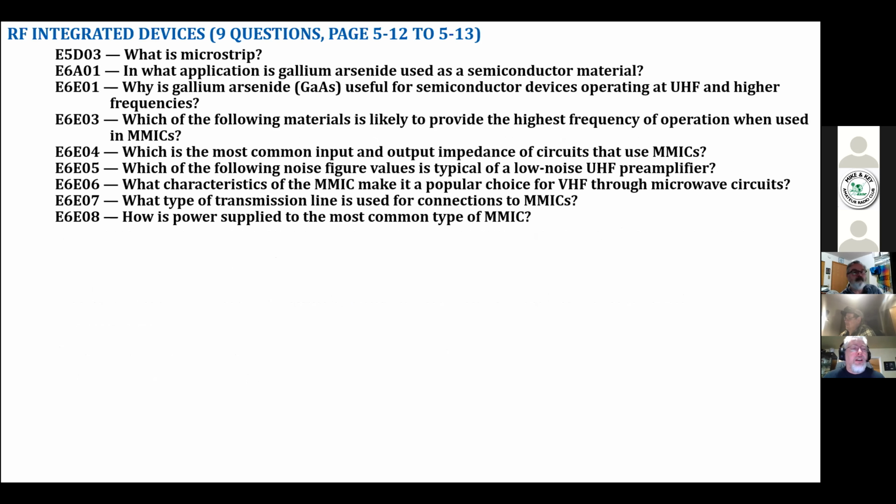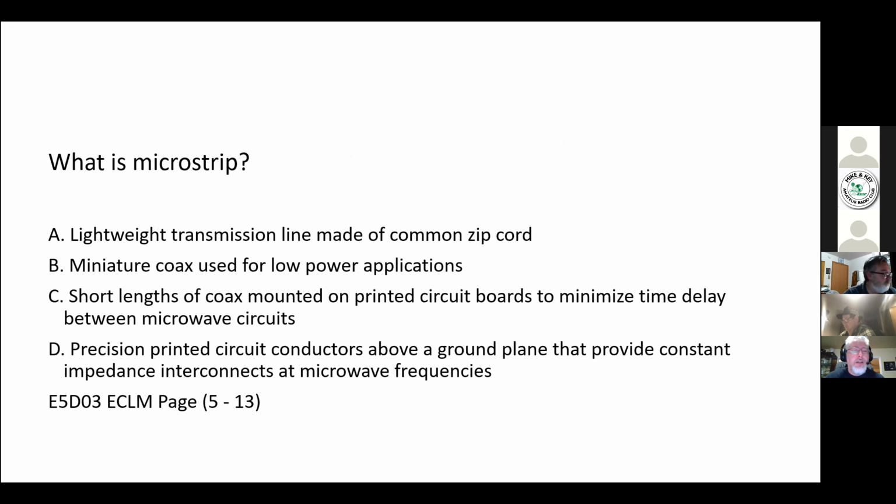9 questions on RF integrated devices. What is a microstrip? A, lightweight transmission line made of common zip cord. B, miniature coax used for low power applications. C, short lengths of coax mounted on printed circuit boards to minimize time delay between microwave circuits.